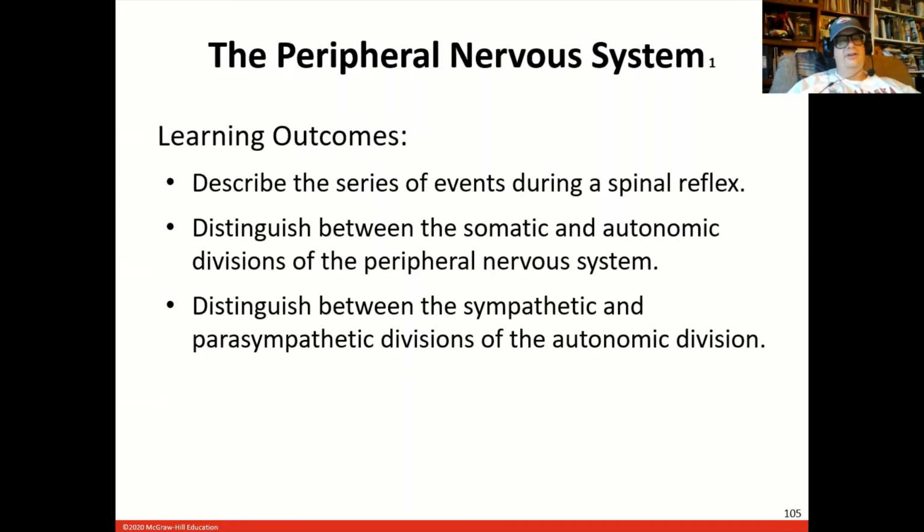Autonomic is completely involuntary. We divide that into the sympathetic and the parasympathetic. Sympathetic is the fight or flight, and parasympathetic would be the rest and digest. So anyway, we'll talk about how those work in terms of the nerves and how they're different. But moving on.